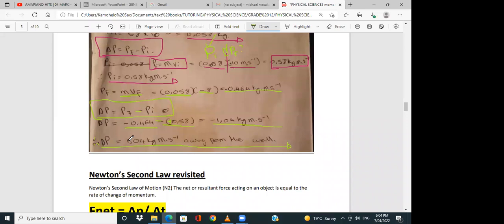They said, calculate the change in momentum of the tennis ball. Now, the change in momentum of our ball is 1.04 kilograms meters per second away from the wall.